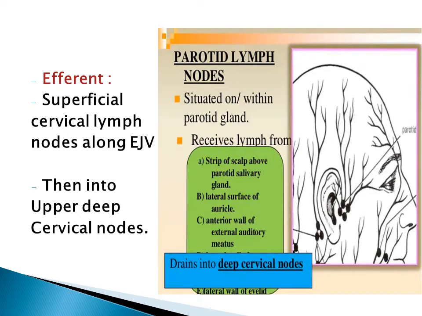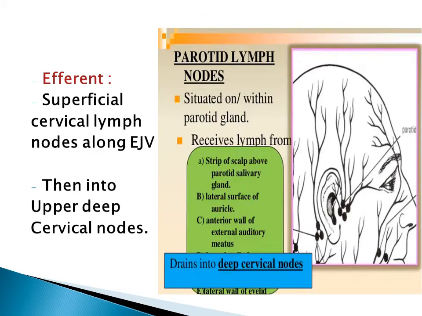Efferents, we had said earlier, drain into the superficial cervical lymph nodes. They are offshoots of the parotid group of lymph nodes, lying along the external jugular vein.